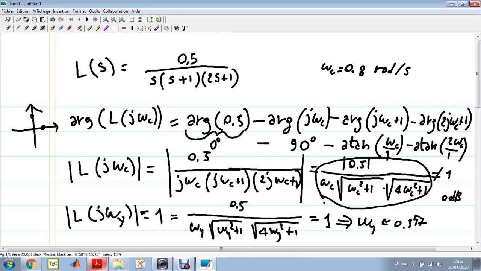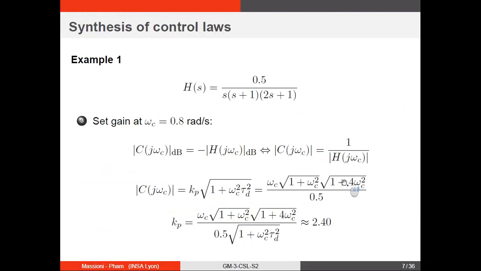Now let's go back to the slide. That's just the computation we did again. So the modulus of C at j omega c in dB is minus the modulus in dB of H at j omega c; in units, 1 divided by the modulus of H at j omega c. And what is the modulus of H at j omega c?